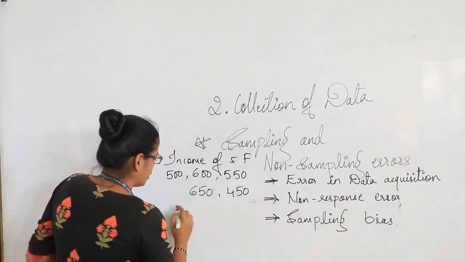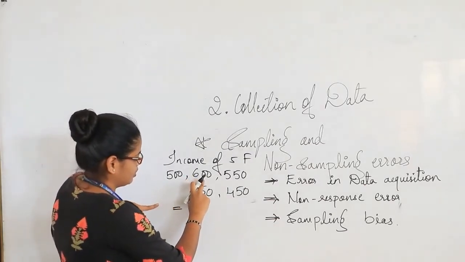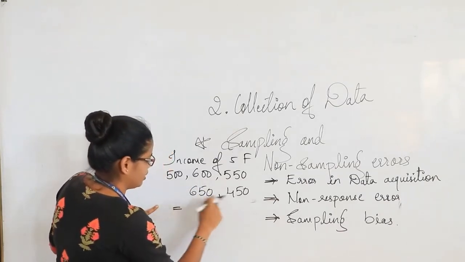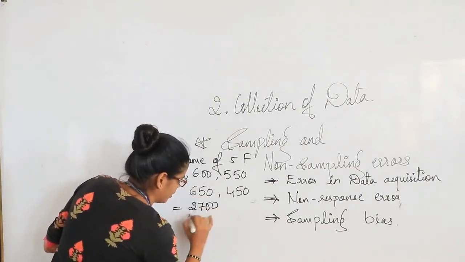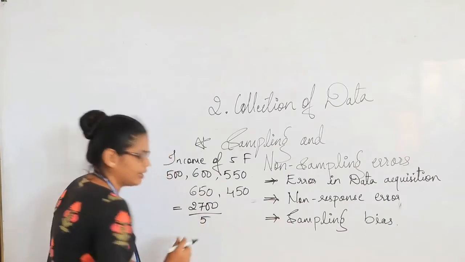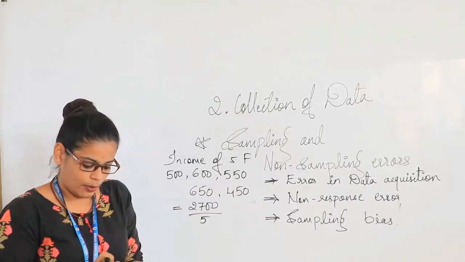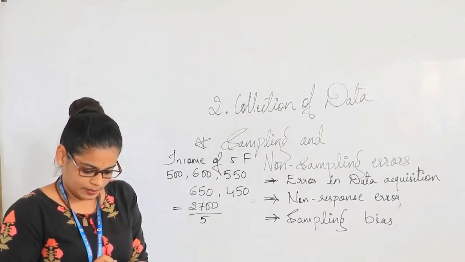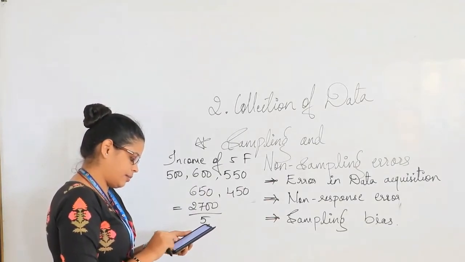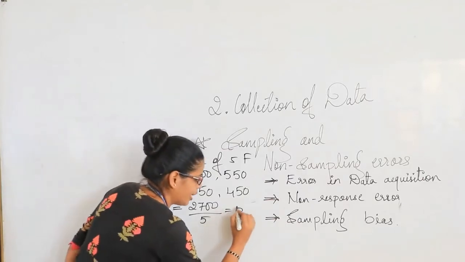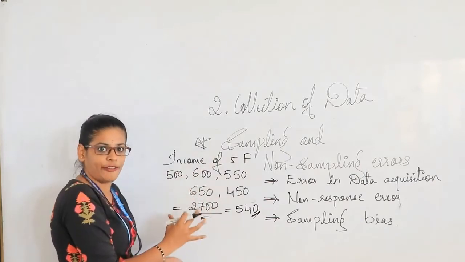So the total becomes 2700. Divided by how many families? 2700 divided by 5, you get 540 as the average income of these 5 families.